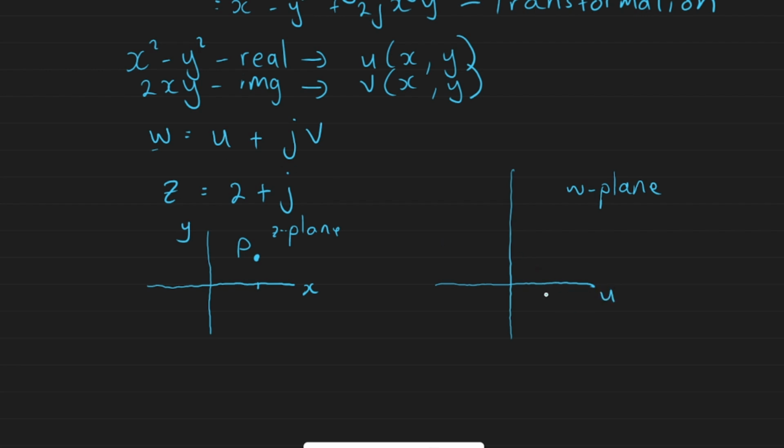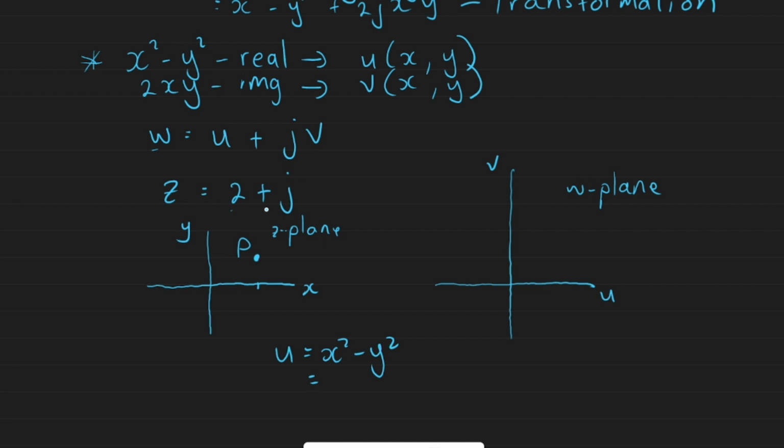So we have u and v on these axes. So this point z, 2 plus j, has a corresponding point in the w plane, and the relationship between them is u and v. So you remember that u was equal to x squared minus y squared that we had shown on the top here.